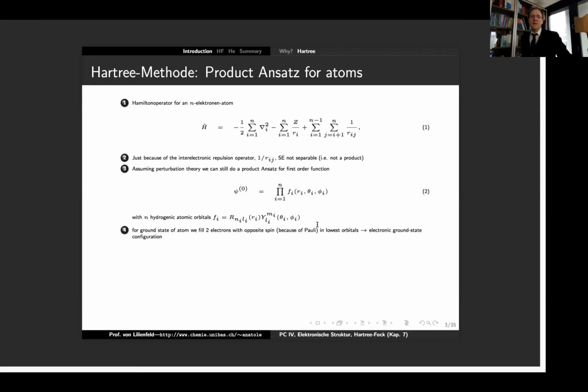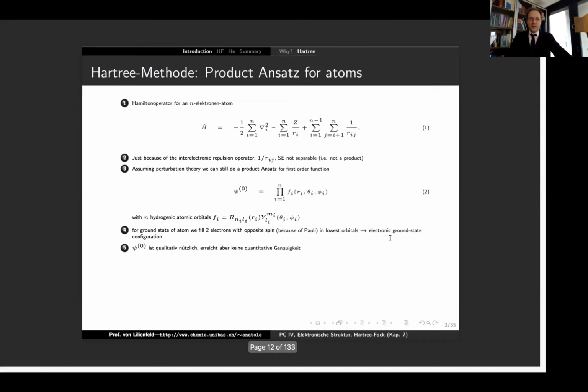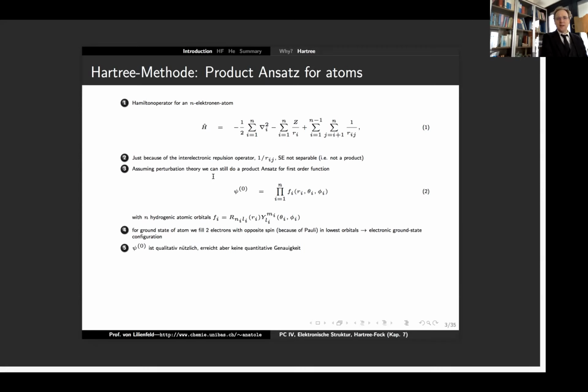Because of Pauli, you would fill in the lowest orbital one after the other, and when you reach n, then you have the electronic ground state configuration. Now, this total psi is qualitatively useful, but it does not reach quantitative predictive power.